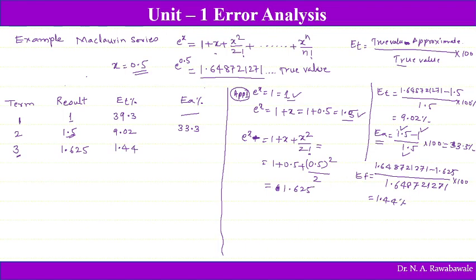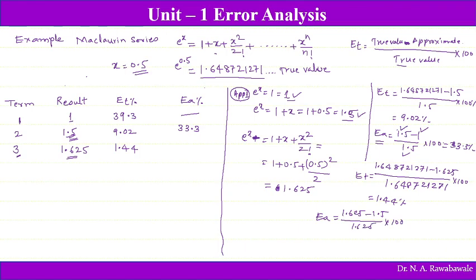Now we want to find out the approximate error. In this case, the previous value which we obtained was 1.5 and the new value which we have obtained is 1.625. So the approximate error can be obtained as present value 1.625 minus previous value 1.5, divided by 1.625, into 100.